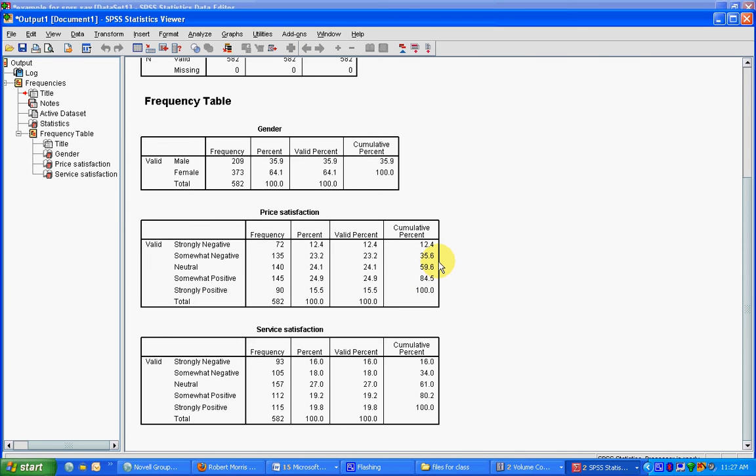So I'm now able to say that 35.6% were strongly or somewhat negative toward prices. The neutral category had 140 respondents, which is 24.1%. Somewhat positive was 24.9%, and strongly positive had 90 respondents and was 15.5%.